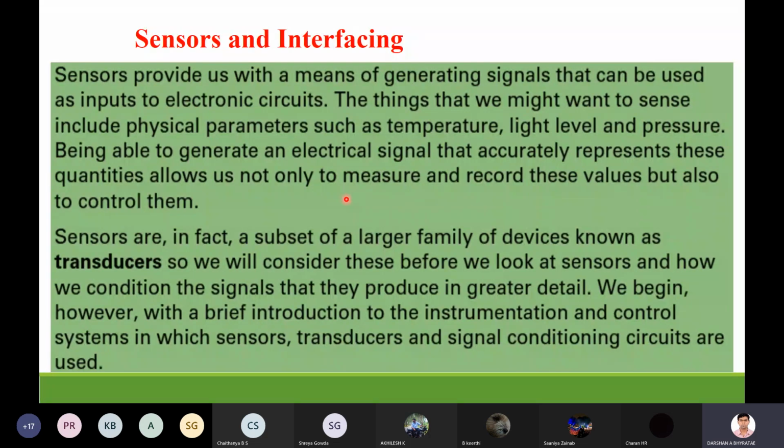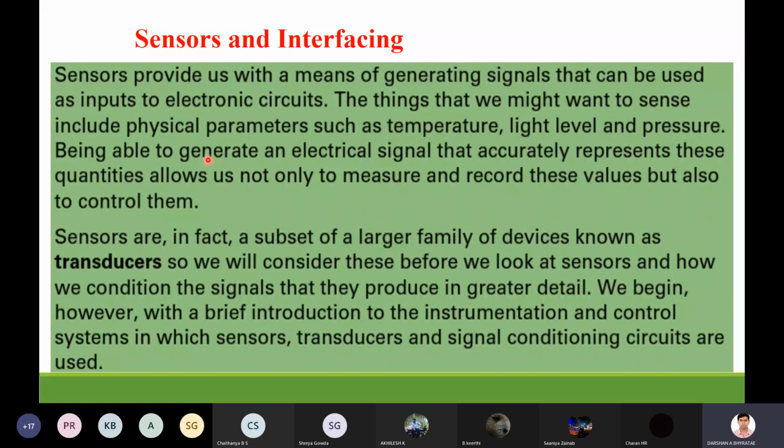Temperature, pressure, light, all these are physical quantities. By using these physical quantities, it is going to generate the electrical signal. The output of the sensor is an electrical signal. That is what we call a sensor here.